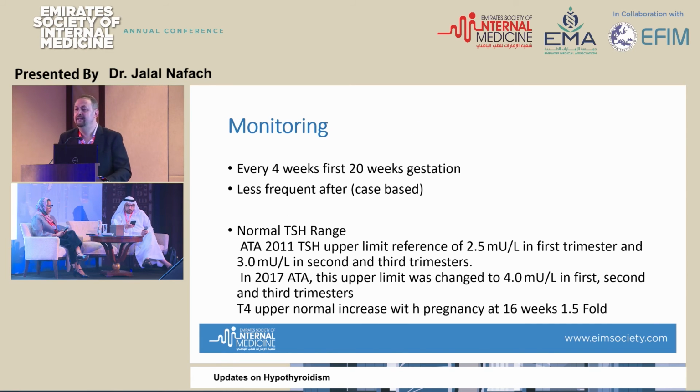We talked about the monitoring. Now, what's normal TSH? I do like the old American Thyroid Association normal range, which is, again, below 2.5 in the first trimester and below 3 for the second and third. Then the American Thyroid Association in 2017 backed off on those and actually raised the normal TSH to 4. But again, it's very vague.